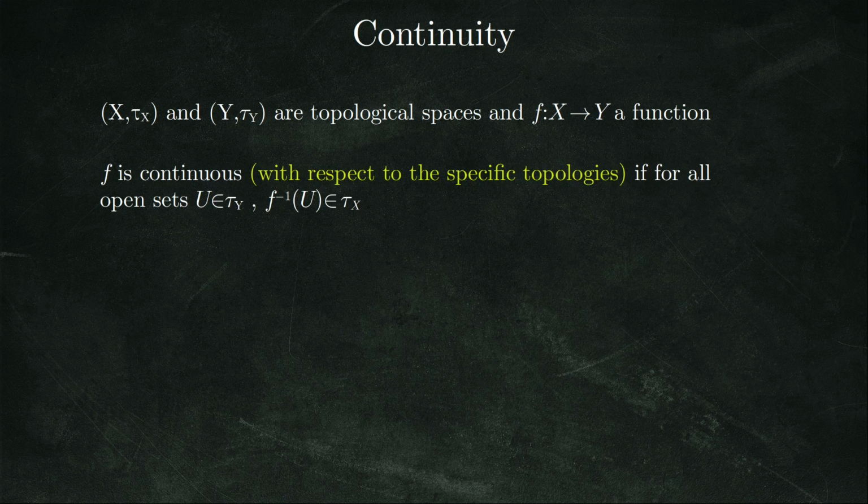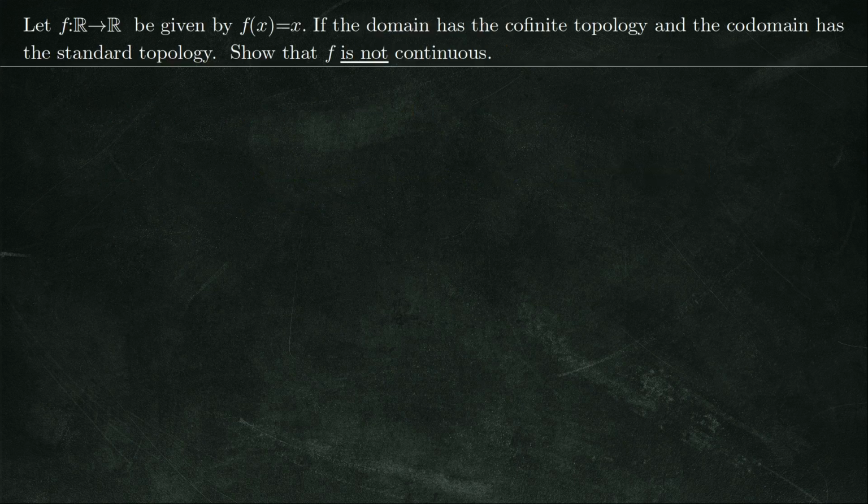That is, the inverse of open sets is open. Okay, let f map R to R be given by f(x) = x. We take the domain to have the cofinite topology and the codomain to have the standard topology. Show that in this case f is not continuous.